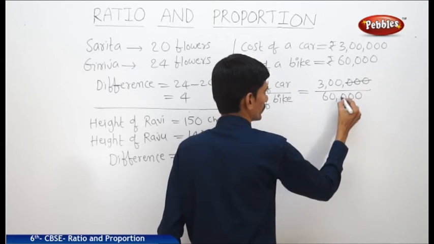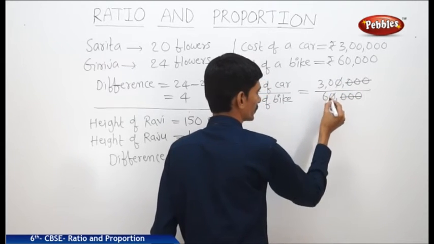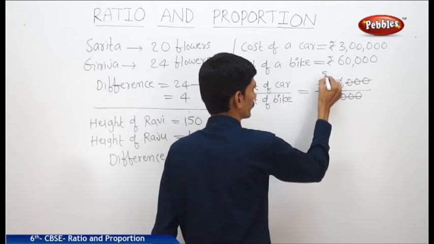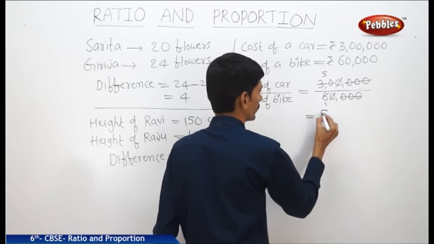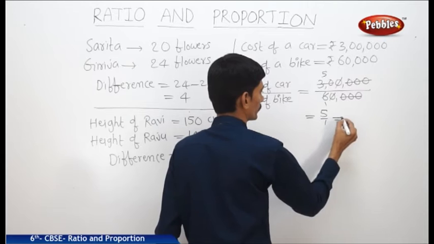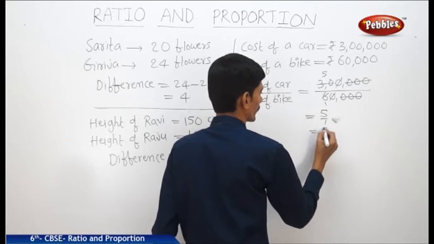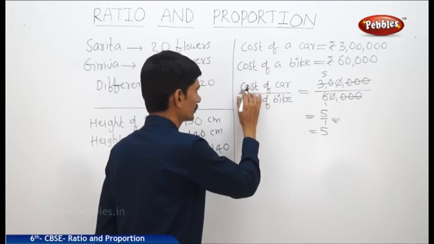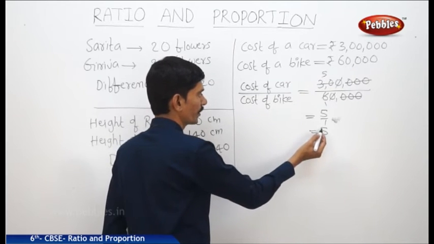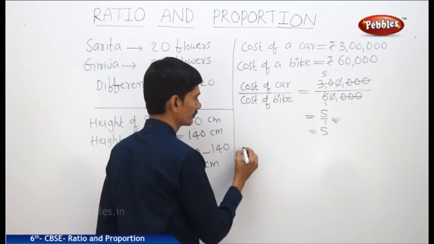So here 3 zeros cancel, and 6 ones are 6, 6 fives are 30. So this equals 5 by 1 or equals 5. So here we can say that cost of car is 5 times the cost of bike.